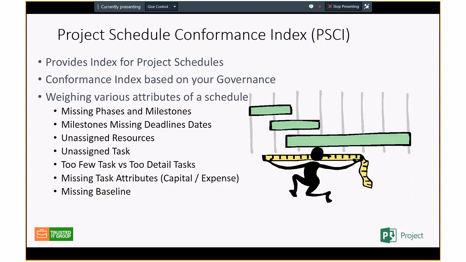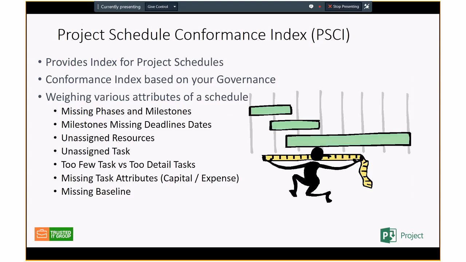You might check that all the different tasks have resources assigned to them. You might count how many tasks are in a project schedule. If you've got too few, that would probably lower the score of your index. If you've got too many, that can also lower your score. So you should have a sweet spot of how many items or how many rows you want in a schedule. And I understand every schedule is different and every project's different.